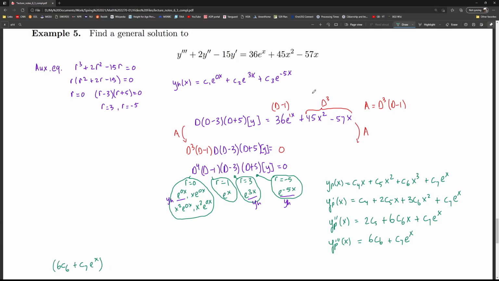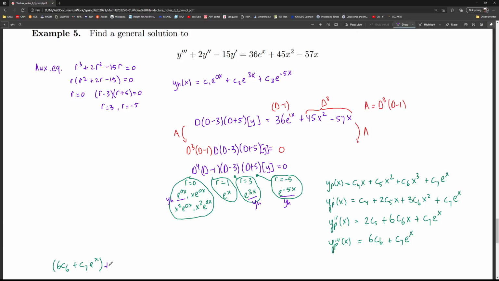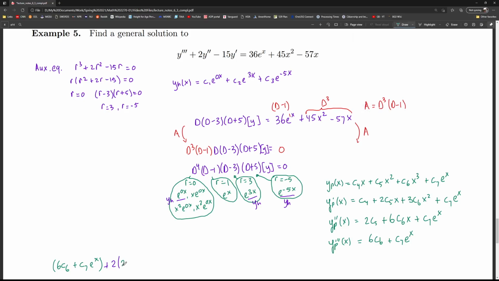And then we have plus 2 times yp double prime, that's 2c5 plus 6c6x plus c7 e to the power x.